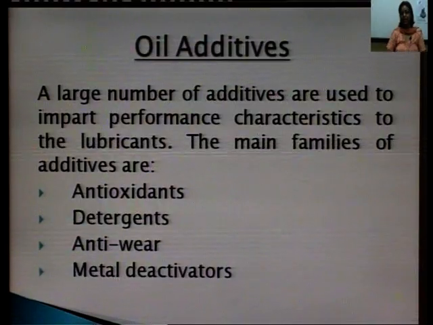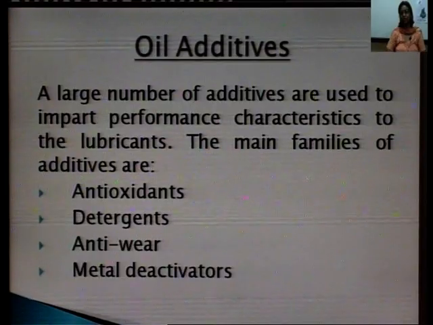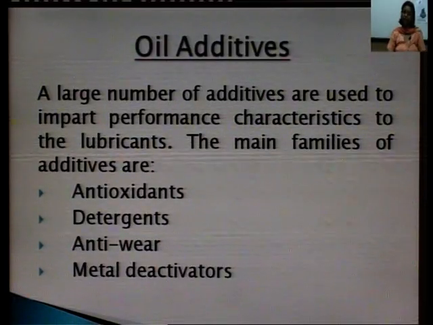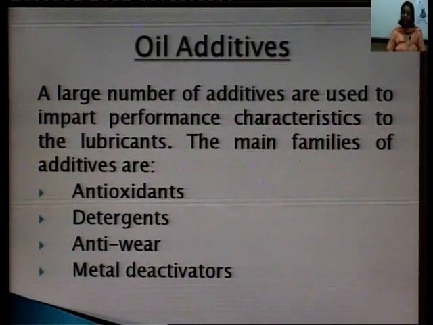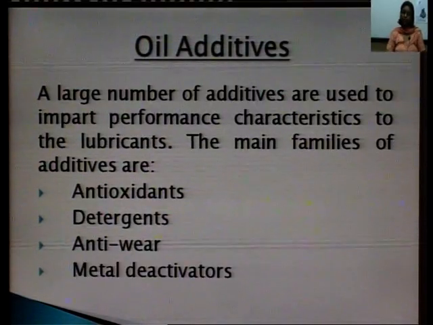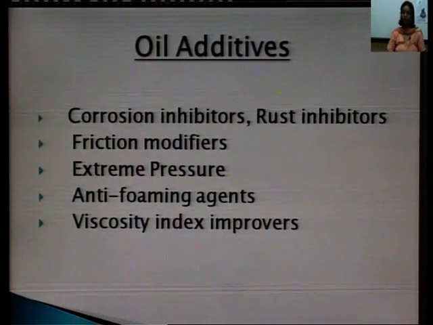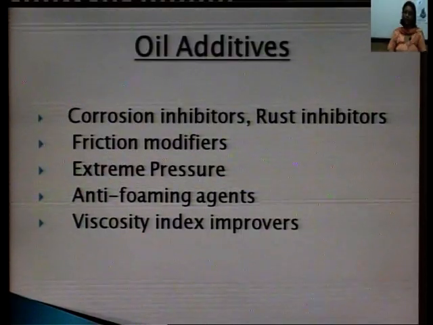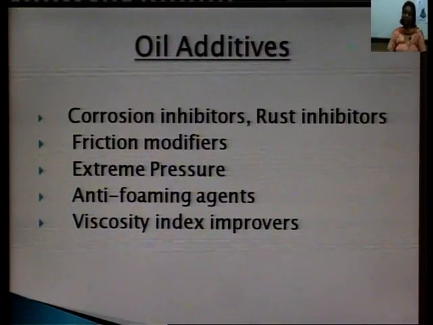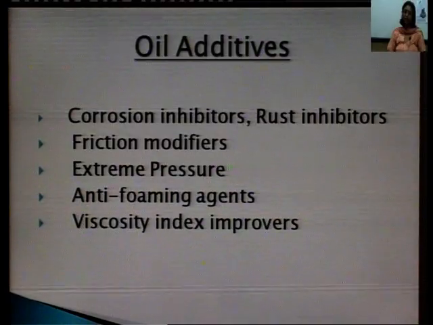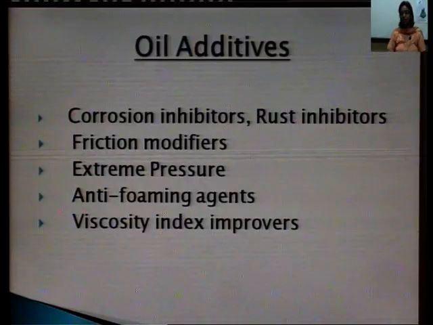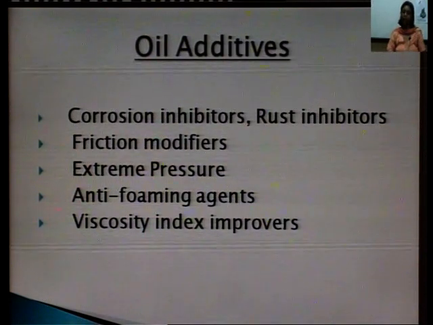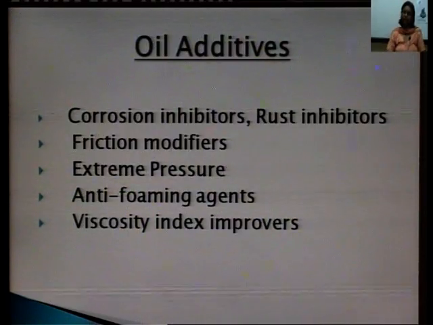A large number of additives are used to impart performance characteristics to the lubricants, and the main families of the additives are antioxidants, so that oxidation resistance is improved, detergents, anti-wear, metal deactivators, means if there is a chance of reacting with the metal, they do not react with the metal, corrosion inhibitors and rust inhibitors, means their corrosion resistance power is improved, then friction modifiers, that is force of friction is reduced, extreme pressure, that is they can work under extreme pressure conditions, then anti-foaming agents, that is they do not foam with the water, then viscosity index improvers, means the viscosity of the oil does not change appreciably with the change in temperature.